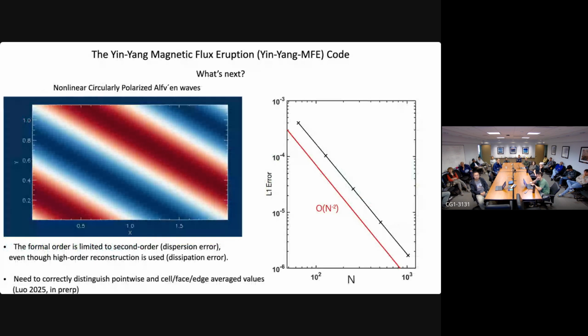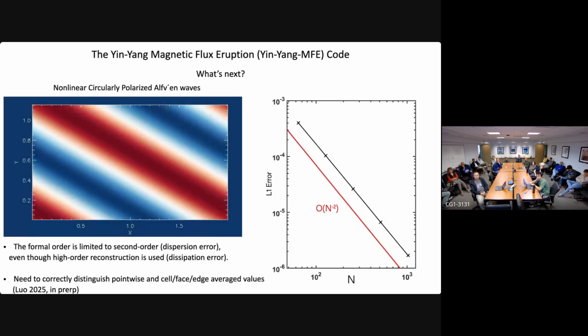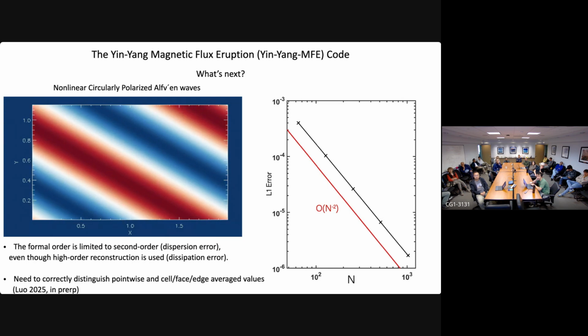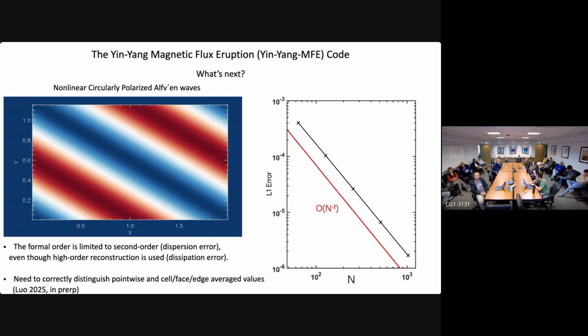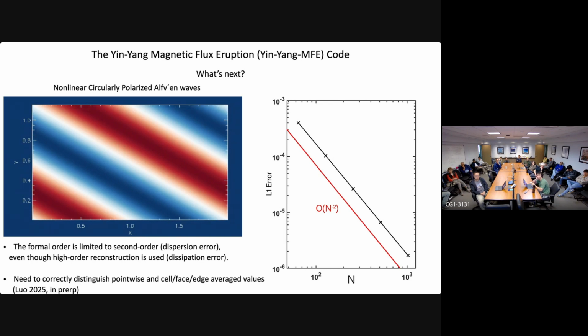Another future plan is... So here we perform a nonlinear Alfvén wave test for testing the convergence of the code. Even though we are using a high order reconstruction method to reduce the numerical diffusion, we have a code that is formally second order converging because the dissipation error is still second order, which is the same as the LFM code and Gamera code, all having second order convergence, even when using a high order reconstruction method.